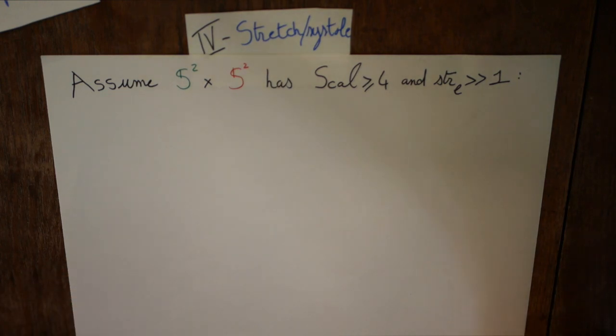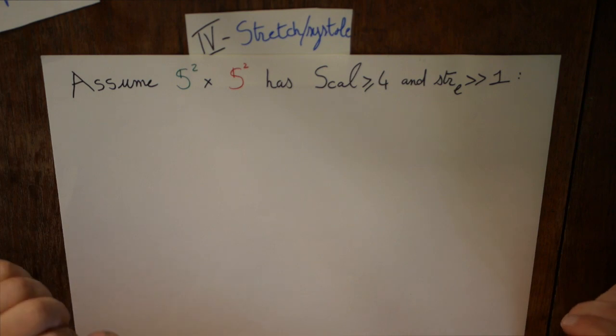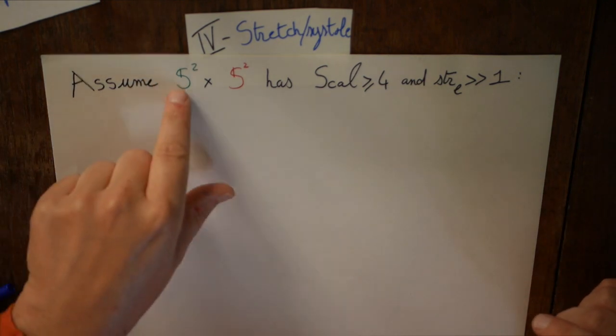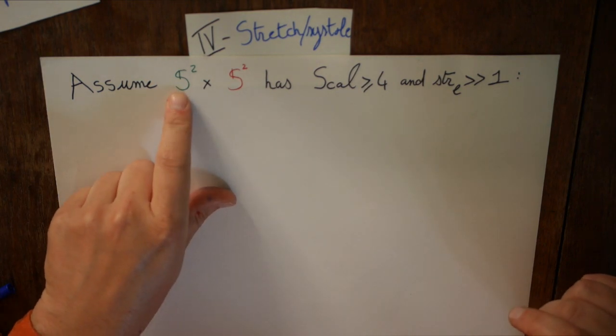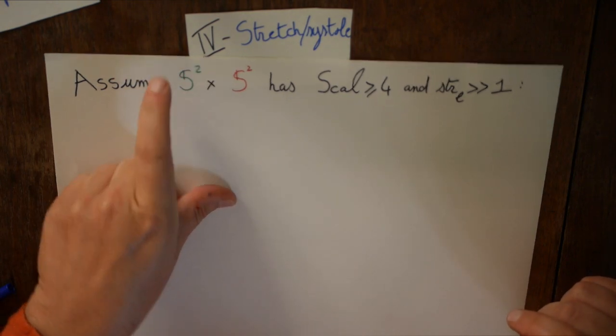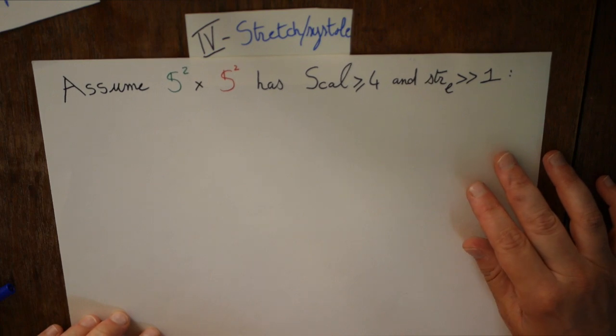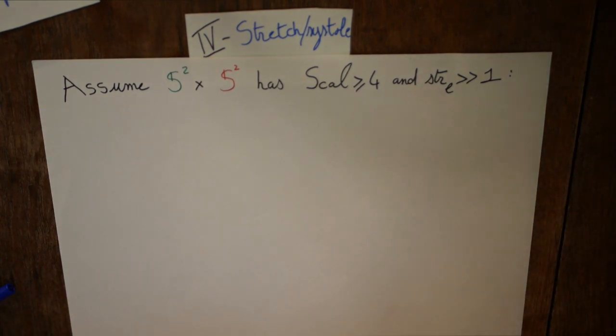The result we want to prove is that if we have a positive scalar curvature metric on S^2 times S^2, and if we can find two surfaces inside the homology class of the first factor which are far away from each other, then we should be able to find another sphere inside this homology class which has small area.